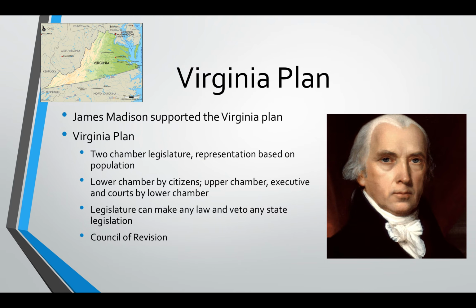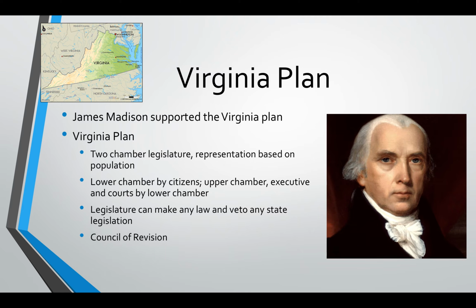The deliberations ultimately led to the consideration of two proposals, the Virginia Plan and the New Jersey Plan. The Virginia Plan was supported by James Madison. The proposal included 2 chambers in the legislature with representation based on population.